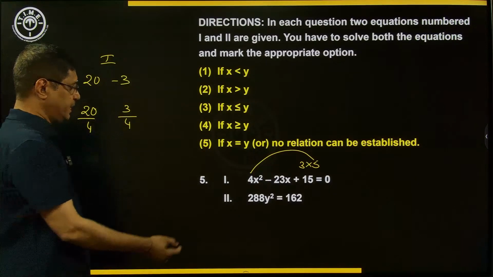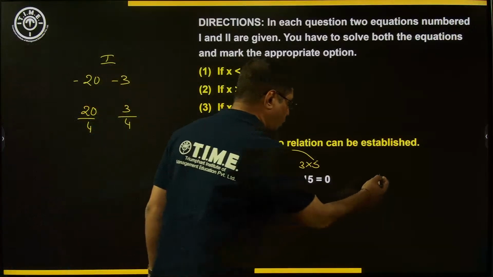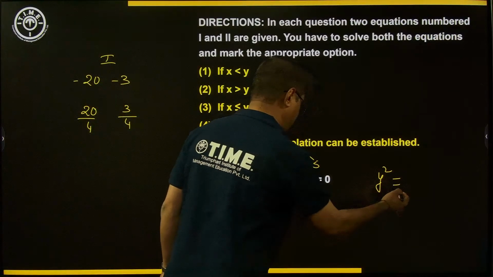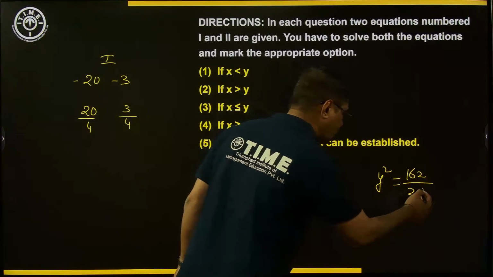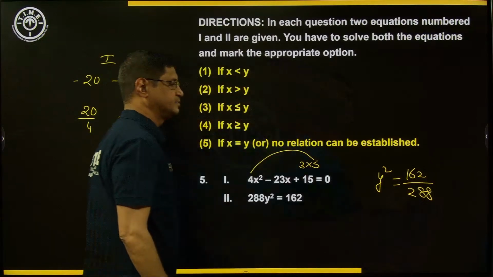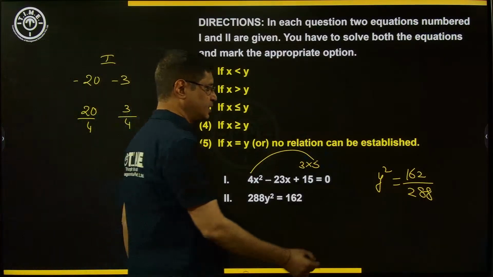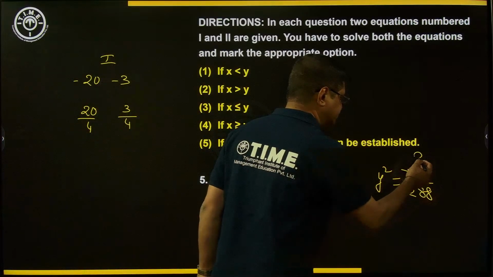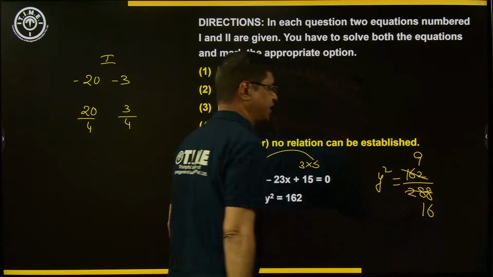Okay. Next, y square. What is the value of y square? Here y square is equal to 162 by how much? 288. Now simplify this. Now what is the cancellation? 18 9 times, 18 16 times.